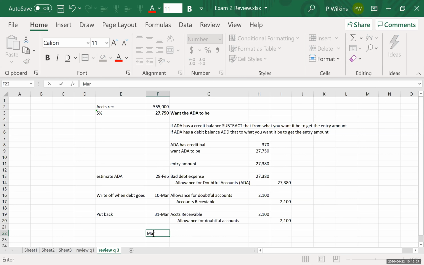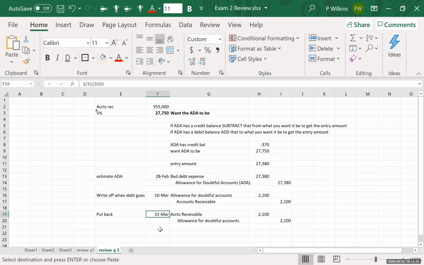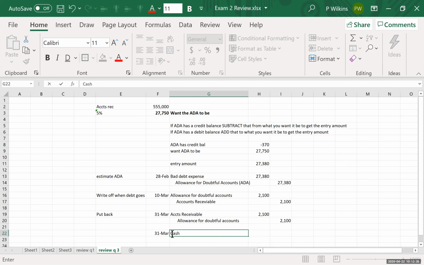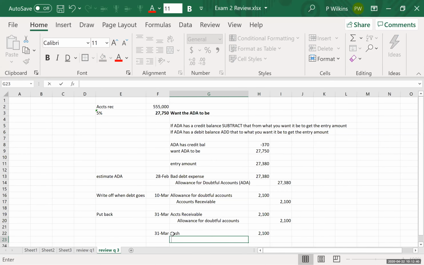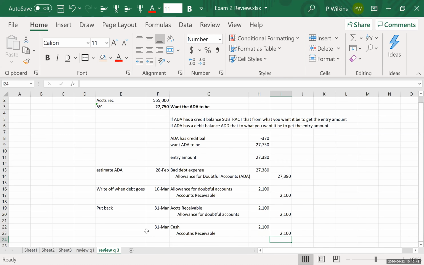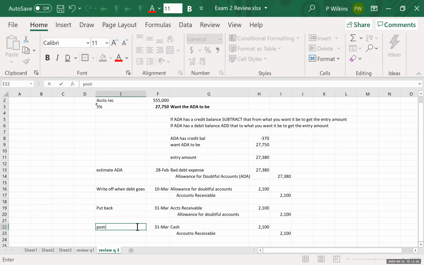And then on March 31, we are going to post the payment. So when we post the payment, we're going to debit cash because we got a payment, $2,100. And then we're going to credit accounts receivable for $2,100, the amount of the payment.